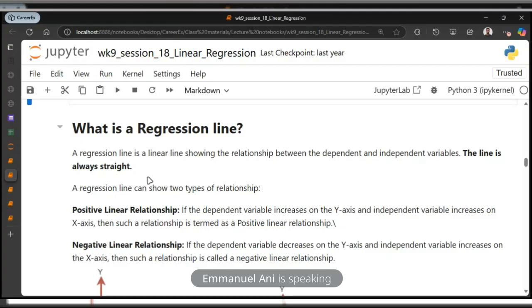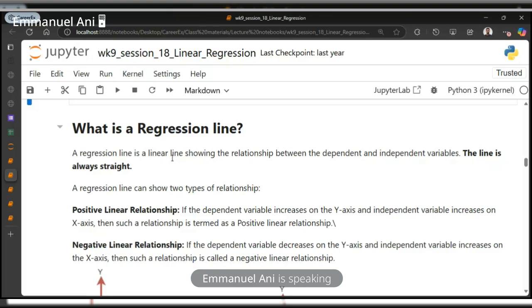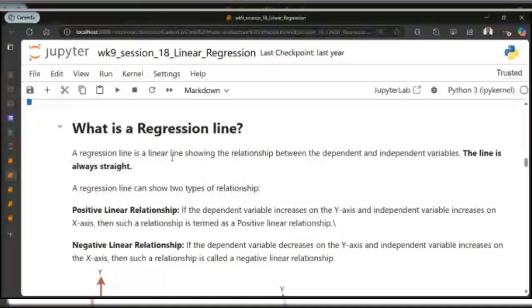We've looked at linear regression. We've explained what linear means. So let's explain what regression itself means. The regression line is what linear regression uses in making predictions.